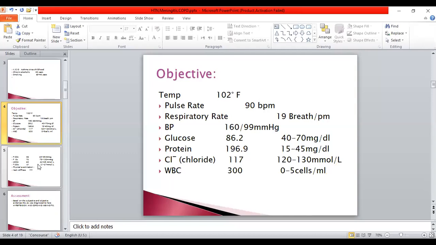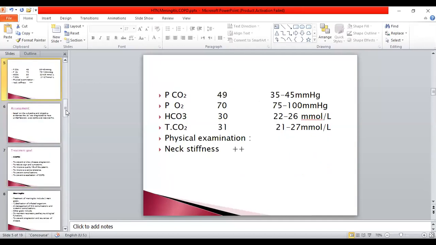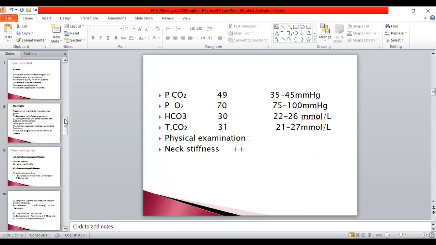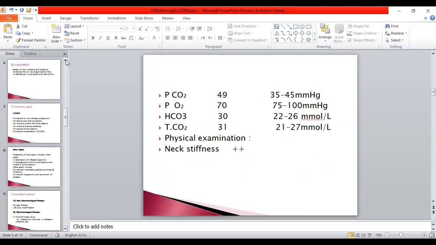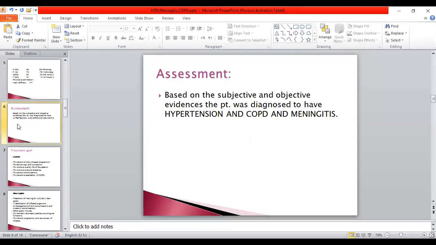Okay, next slide. Okay, next. Which type of meningitis is it?